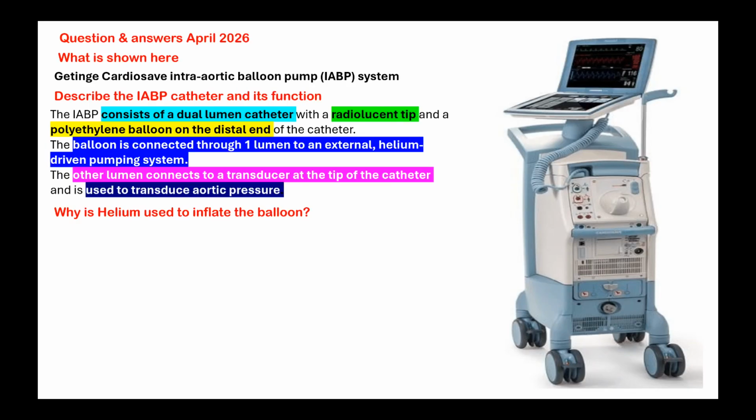This is not a machine that you use every day in your practice. It is used more exclusively by cardiac anesthetists and intensive care unit people. But you should have at least basic knowledge about how this machine works and how it is used. So I thought I would include this question in this OSCE.